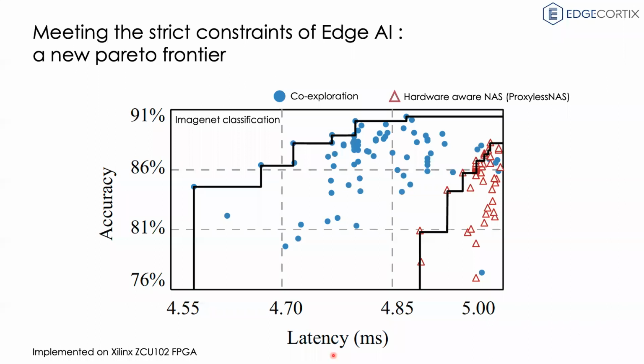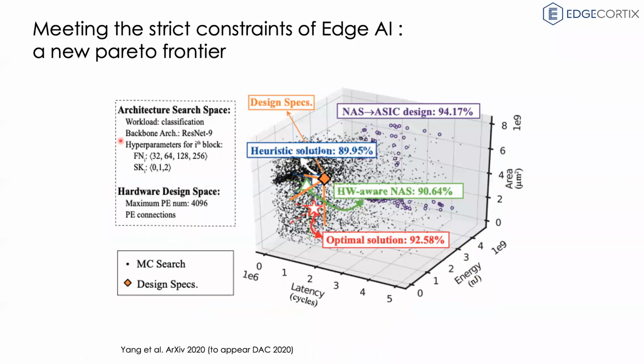Now, of course, one would wonder that here we are really talking about latency, but when we discussed edge intelligence, we talked about other constraints like energy and even area. You can scale up this entire design process to look at an even more complex search space, a much higher dimensional space including your latency, energy, as well as the chip area.